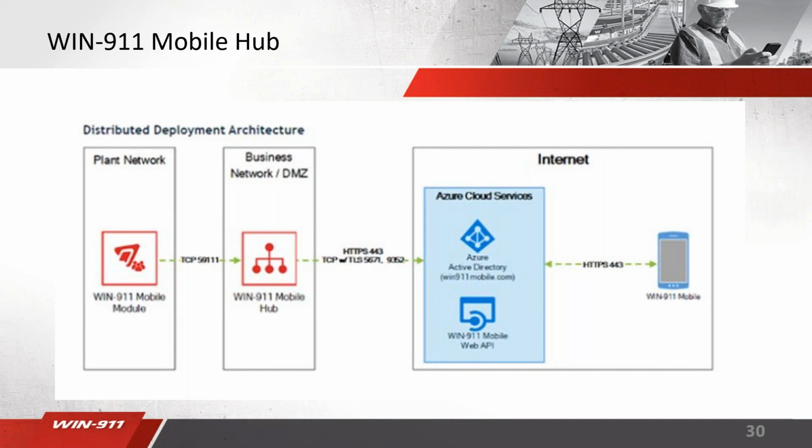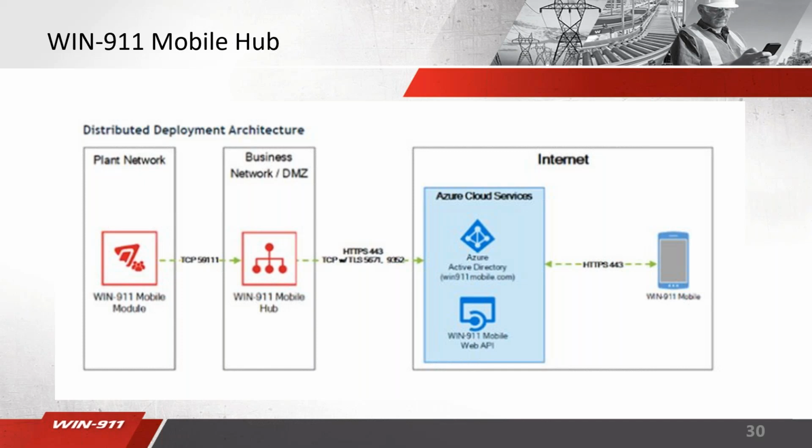Now, what a lot of customers are requesting is, we need a lot more security, right? And because of that, WIN-911 created what we now call the WIN-911 mobile hub. That piece can sit in a DMZ or a business network to create a second layer of security.